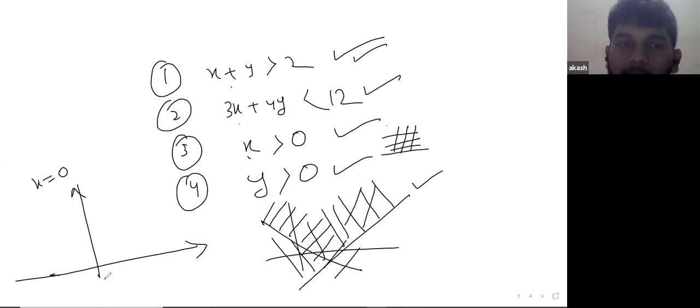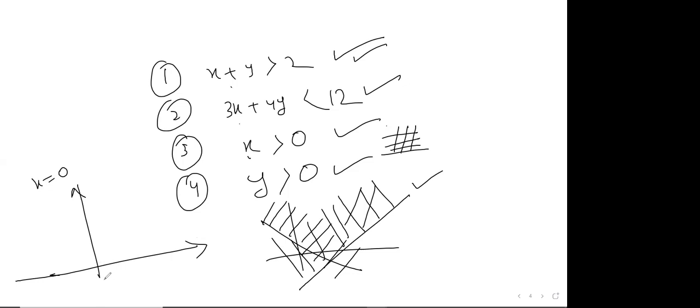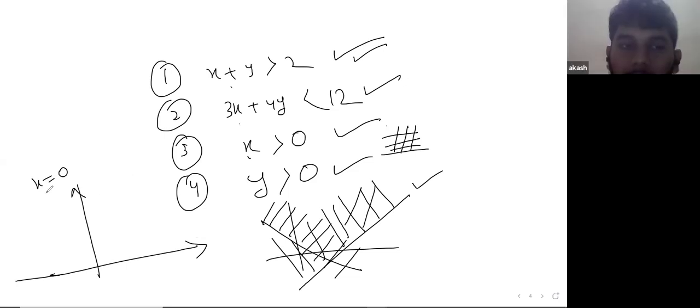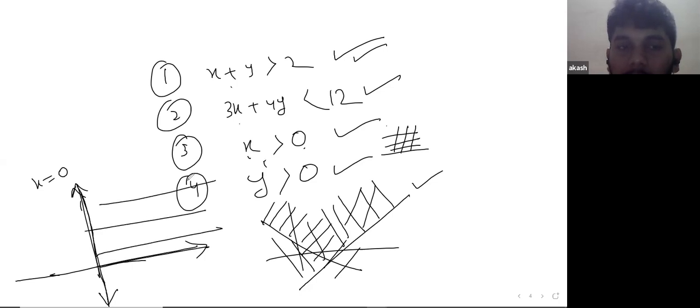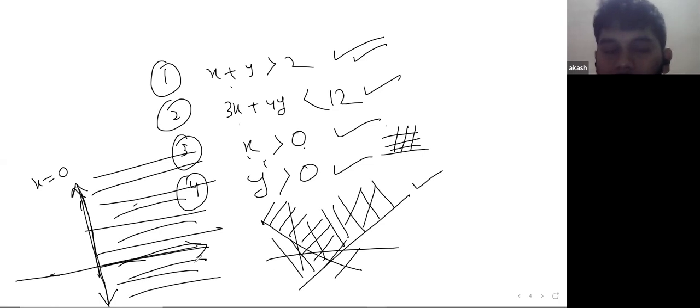On x-axis or y-axis? So at the origin. So that will be X. No. Okay, that will be Y-axis. Y-axis, right. So x equals to 0 is y-axis. So this is our line. x equals to 0. So x is greater than 0 means positive x-axis. So this is our area. All these points have x is positive, right?